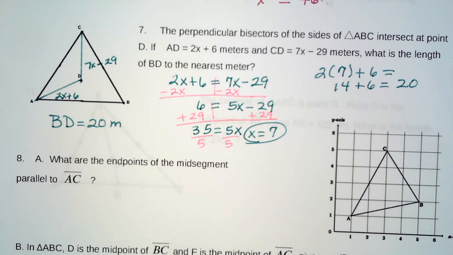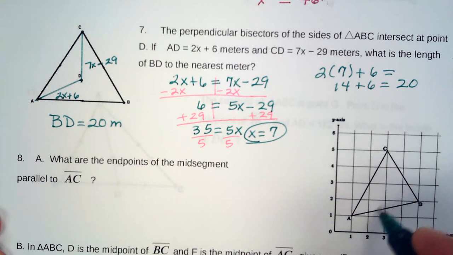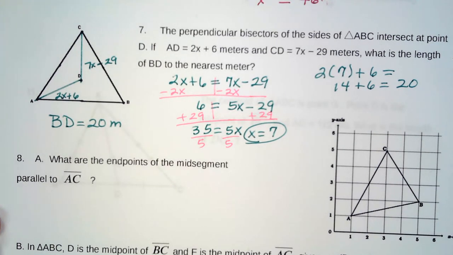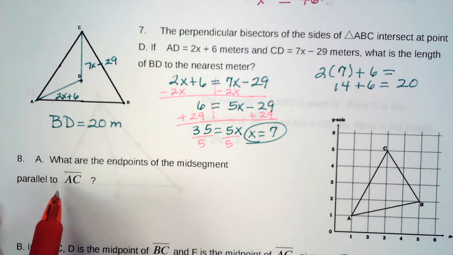Okay, so what are the endpoints of the mid-segment that is parallel to AC? So we're looking at the mid-segment that goes this way. How do you find the midpoints of a segment?